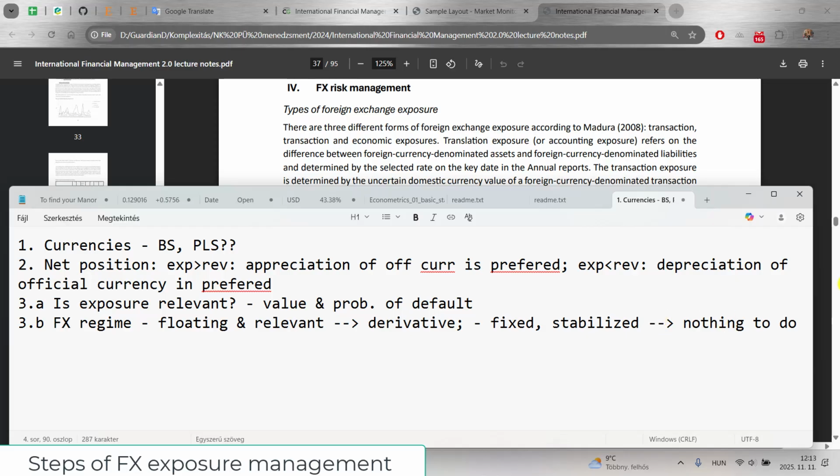Anyway, and after that we can consider different derivatives. So in case this exposure is floating and relevant, and also we know that, let's say, appreciation is the preference, then we have to check the historical data.